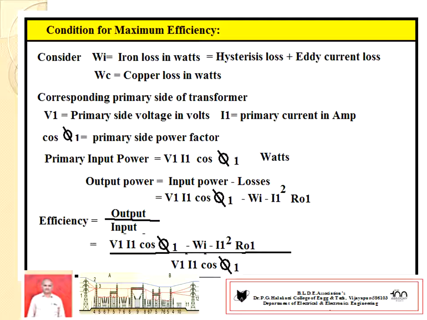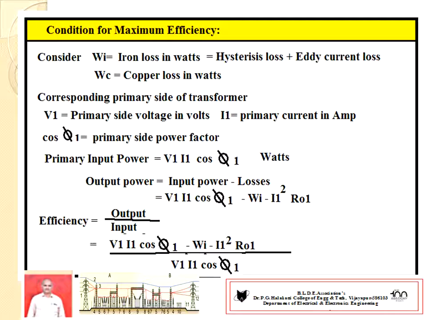Then we have to derive an expression for maximum efficiency, the condition for maximum efficiency. Let Wi be the iron loss, which is the algebraic sum of hysteresis loss and eddy current loss, and Wc be the copper loss in watts.